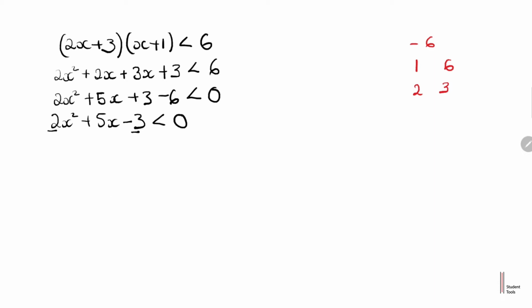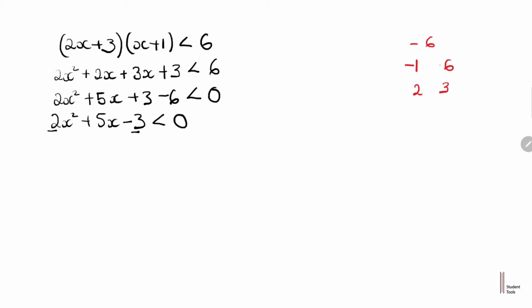So which pair can we use? We can use 1 and 6, but 1 has to be negative. Why? Because when we multiply negative 1 and 6, we get a negative 6. Also, when you add negative 1 and 6, that will be a positive 5, which is the coefficient of x.